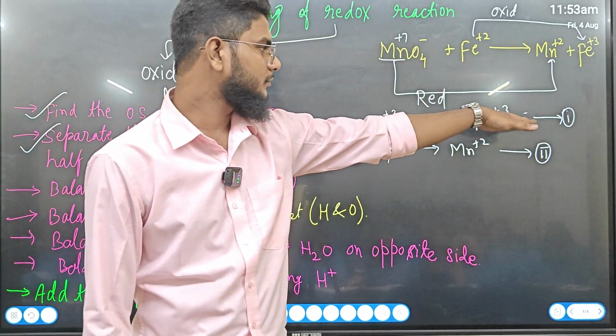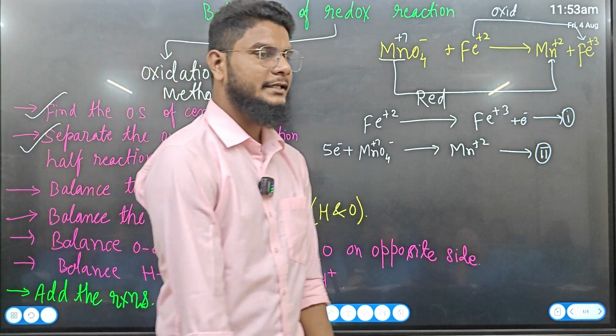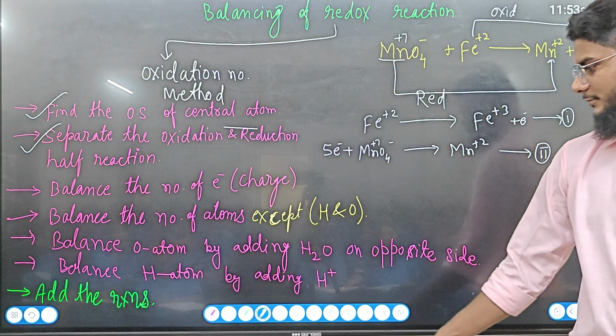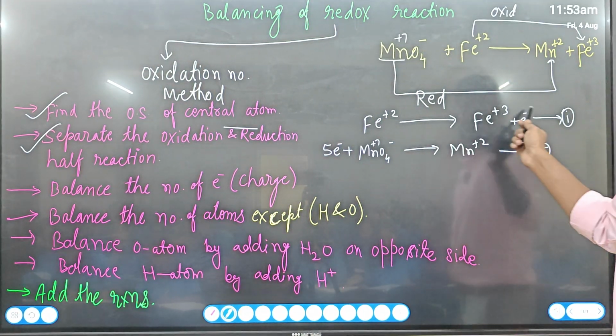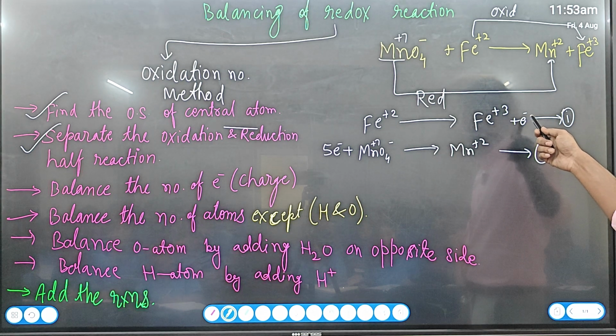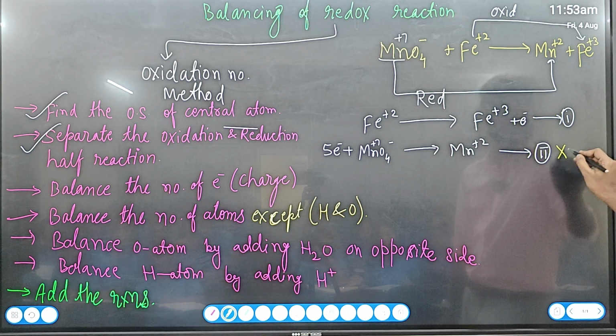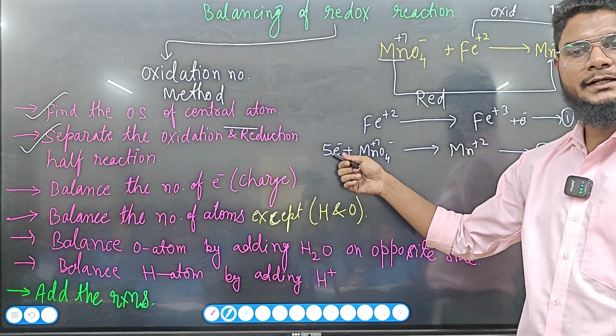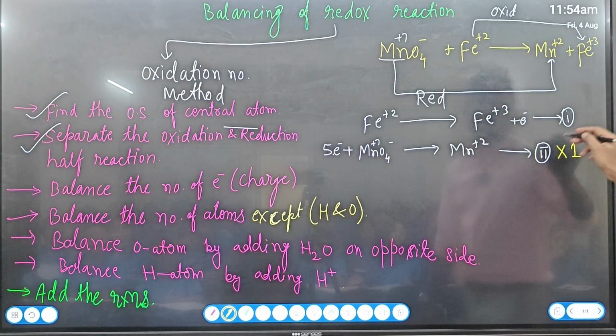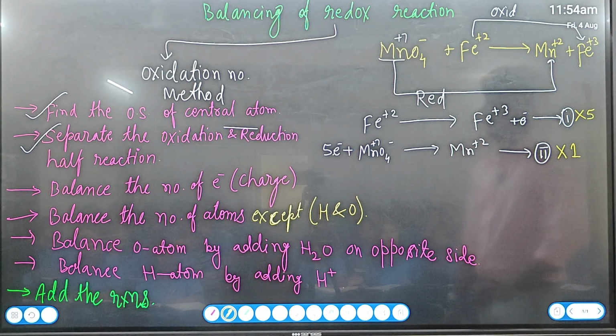Now see, the electrons are not balanced in both the equations. Here 5, here 1. So in this case, just multiply to equalize the number of electrons. How many electrons here? 1, right? So multiply with 1. Here how many electrons? 5. Multiply by 5.